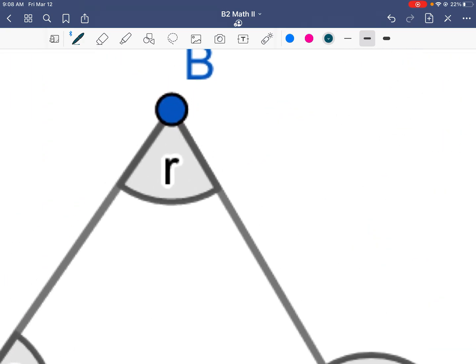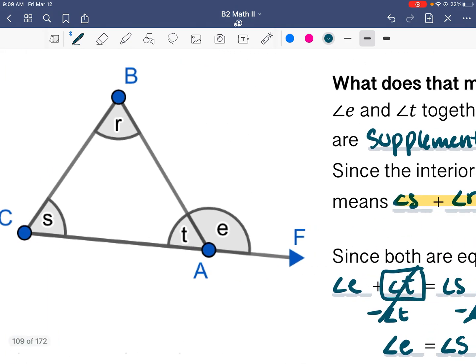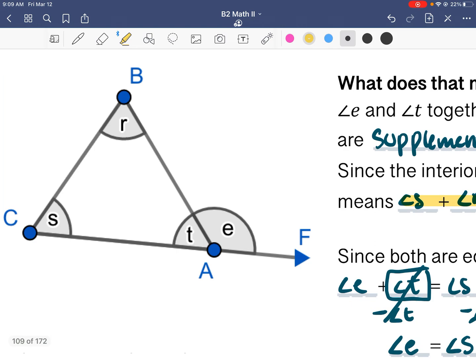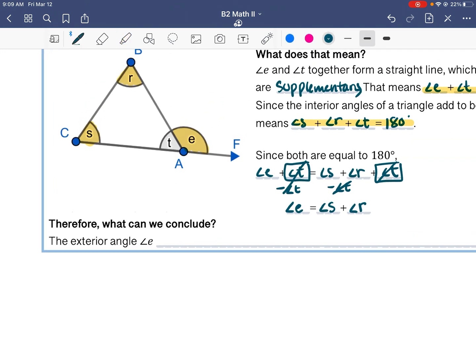So let's look at what that actually means in the triangle. Angle E is this outside angle, and angle R and S are the opposite interior angles. So what we just proved is that this angle outside here is equal to this angle plus this angle. So you add those two angles together and they're equal to that exterior angle.